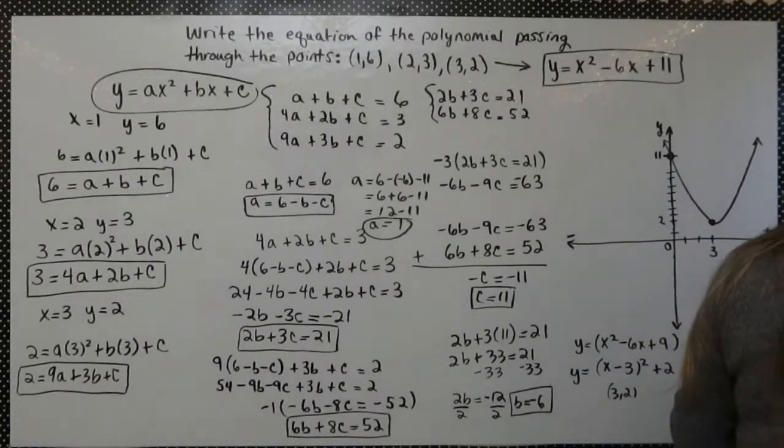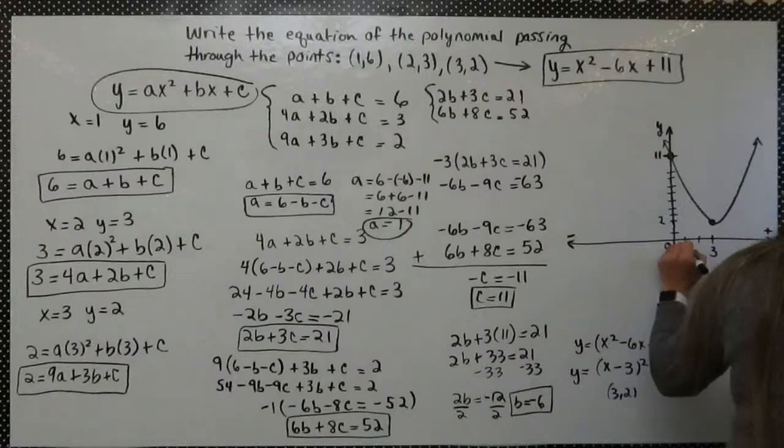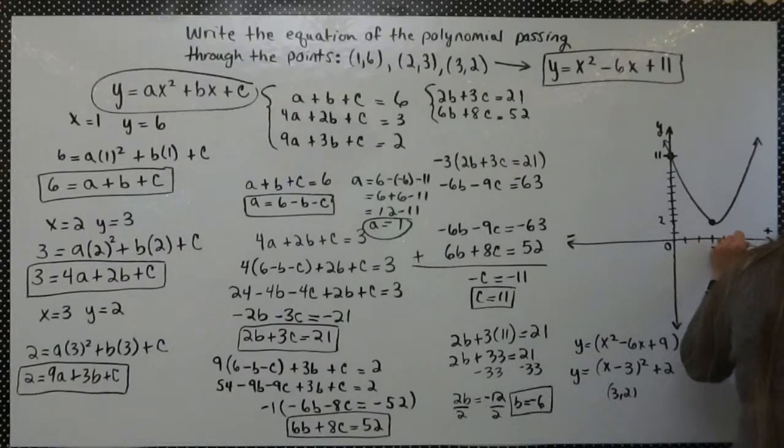And I guess if you wanted to just find out what's going on, let's see, 1, 2, 3. Let's see, 3 more would be 1, 2, 3, right here at 6.